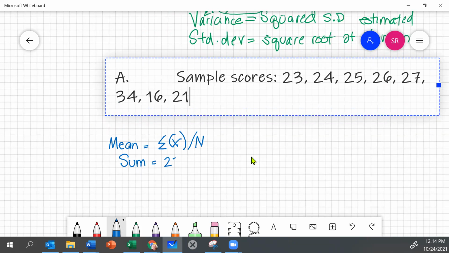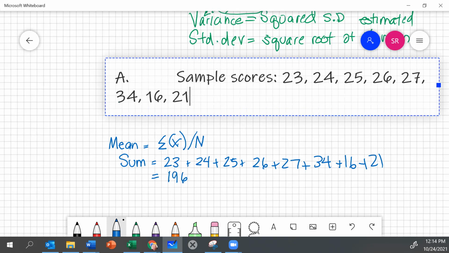The sum equals 23 plus 24 plus 25 plus 26 plus 27 plus 34 plus 16 plus 21. If we add all of that together, we get 196.